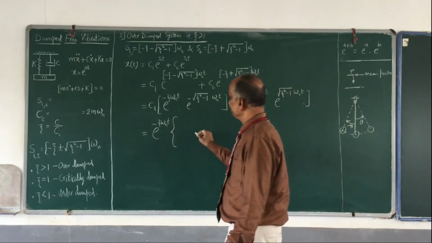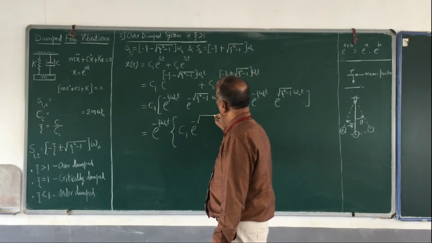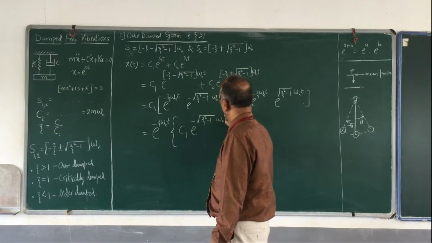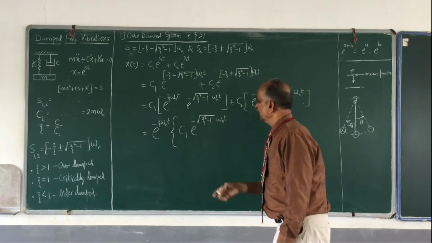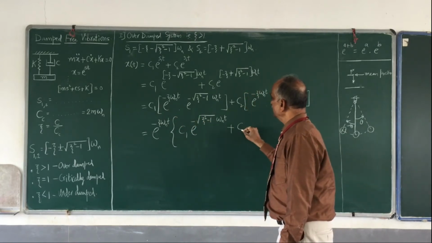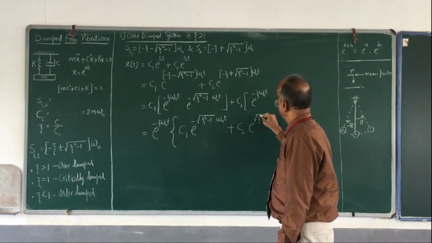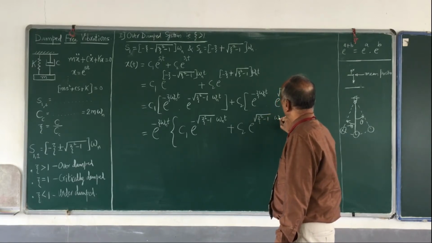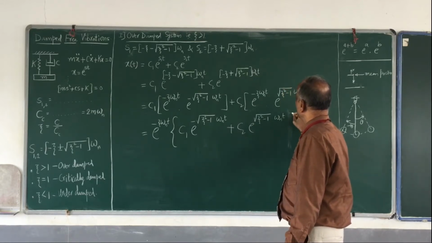What remains is C1 e raised to minus root of zeta square minus 1 into omega n t, plus C2 into e raised to plus root of zeta square minus 1 into omega n t. Even a square bracket is sufficient.